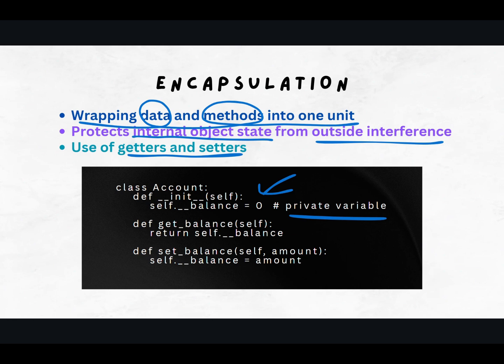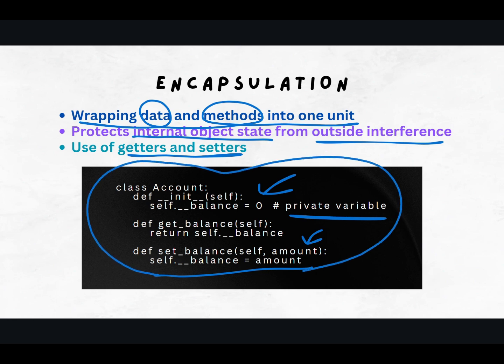And if we want to set the balance, the user will give us the amount, and then we will just do self.balance is equal to amount. So that is a setter method. Now see, we wrapped this data of balance and all these methods of init, get_balance and set_balance into one unit, right? So that is what we mean by encapsulation.